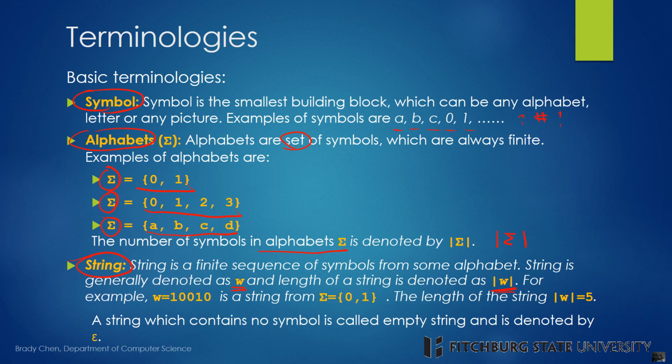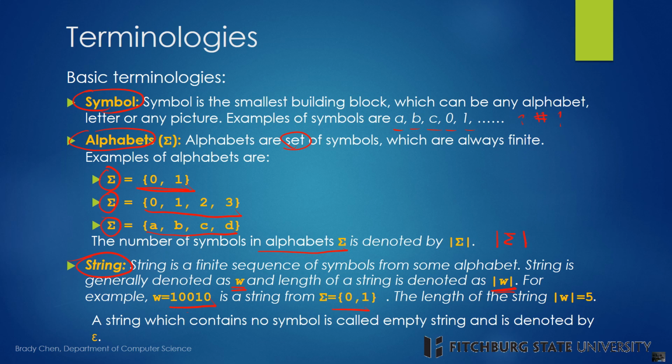For example, we can use W to represent the string 10010. This string is created by the symbols from the alphabet 0 and 1.